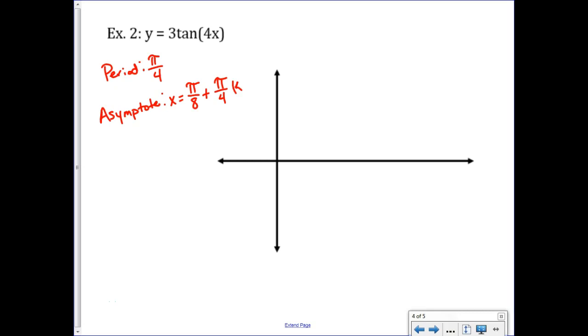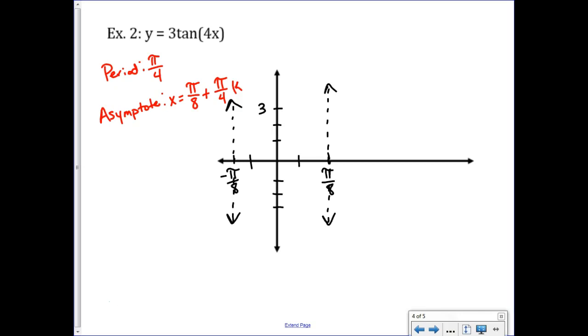All right, so if I start to graph this, then I know that at pi over 8, I have an asymptote. That means I also have an asymptote at negative pi over 8. At those values in between, the number in front of the tangent tells me how high and low to go on the graph.